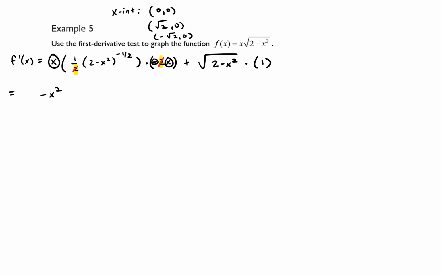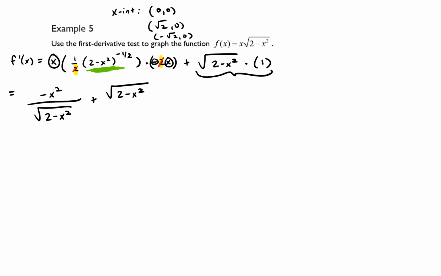And let's convert this here. Because it's to the negative power, I'm going to stick that in the denominator and rewrite that as the square root of 2 minus x squared, plus this stuff here, which is just the square root of 2 minus x squared. Okay, still not so pretty.